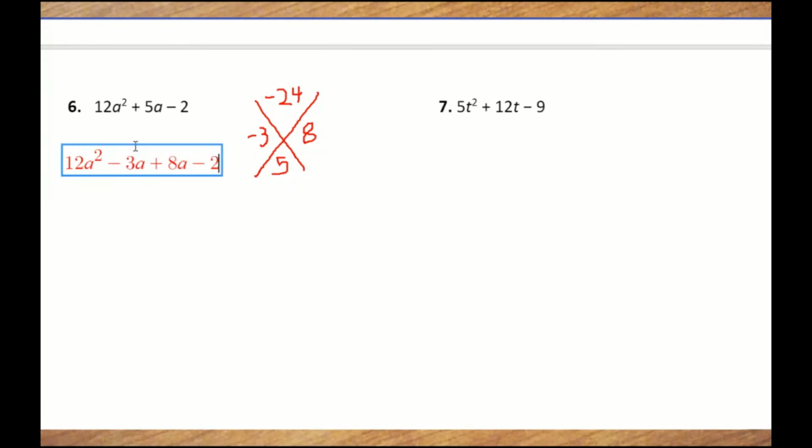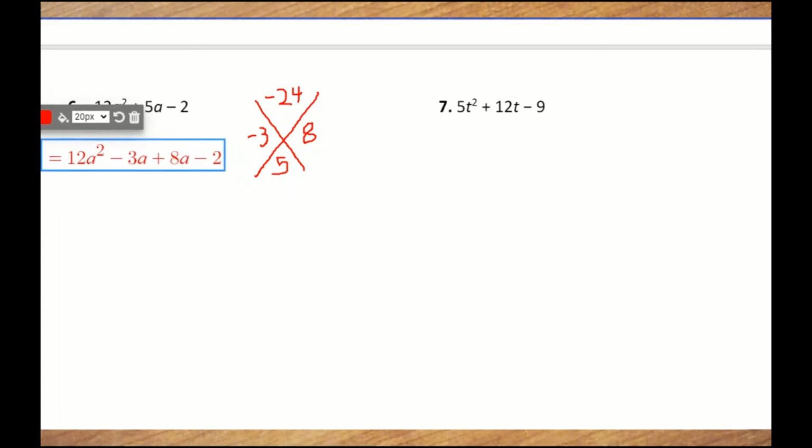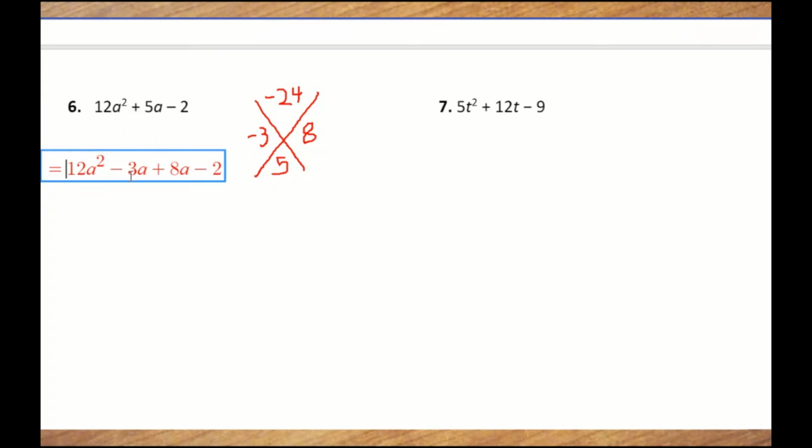So you can see here, if I flip these and do the plus 8a first, the issue is if you have the negative 3a here, then you're going to have to remember to factor out a negative, whereas if you put the positive one here, then you don't have to worry about that. So just one less thing to deal with, and I'm all about finding less things to worry about.